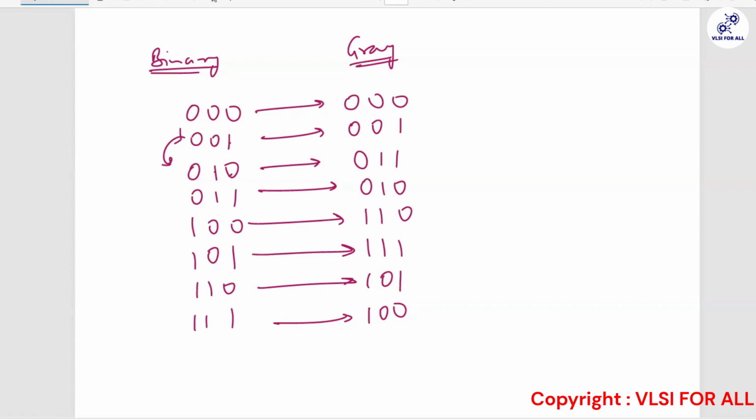So where is it useful? This gray coding is useful when the data is sequential, or basically when the data is highly correlated. For example, instruction addresses, because addresses will come one after the other, right? If there is no branch instruction or jump instruction, instruction addresses are mostly I1, I2, I3, I4. Those are sequential only.